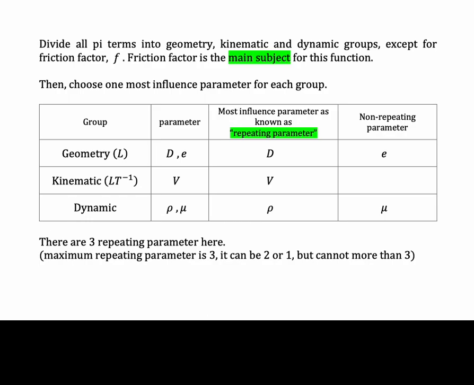So divide all pi terms into geometry, kinematic, and dynamic groups, except for the friction factor, because the friction factor is the main subject of this function. So you just leave the main subject alone, and divide all the other parameters into their own groups.